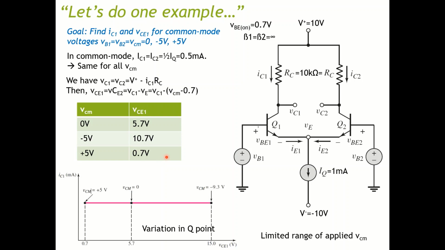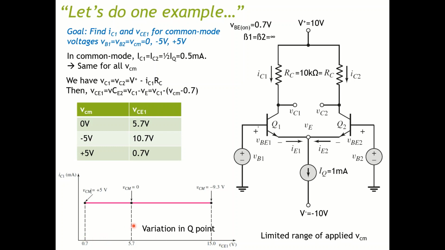Now I'm going to go one extra step. If I plot IC1 against VCE1, I can observe a couple of things. The first thing I observe is that even for different VCM, the collector current IC stays the same while the voltage across collector and emitter varies.